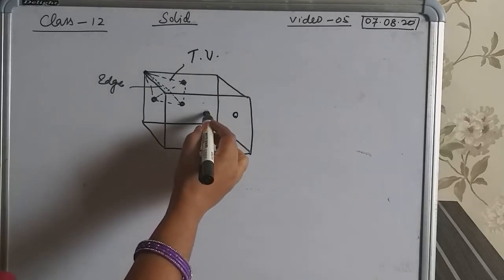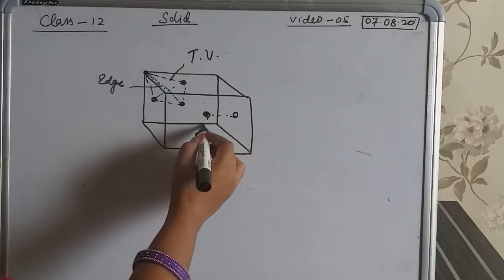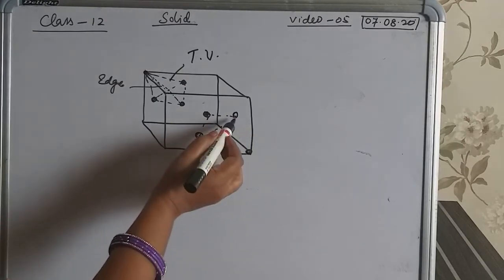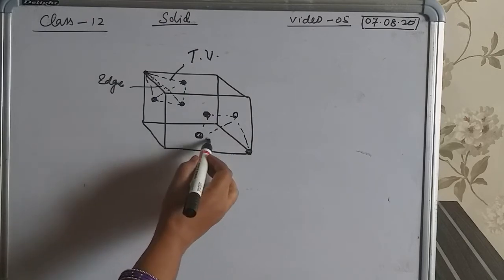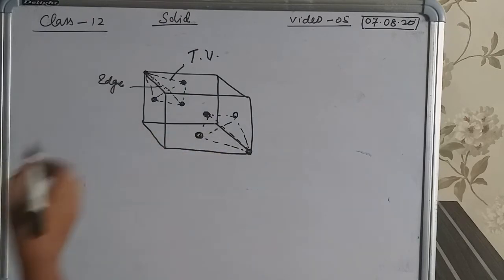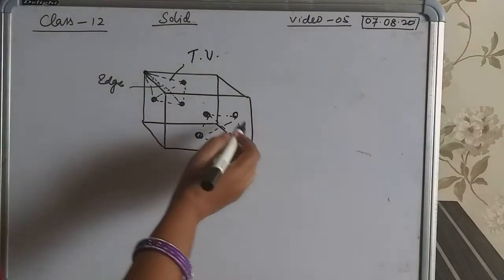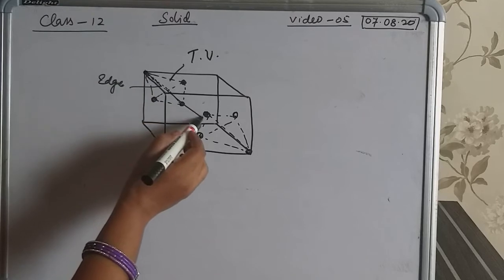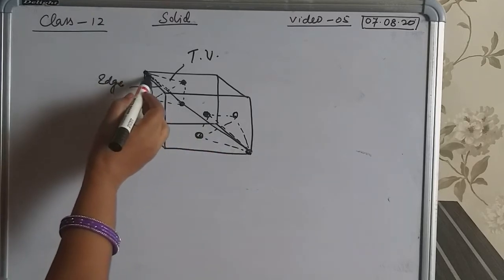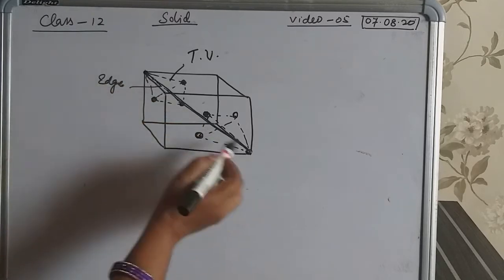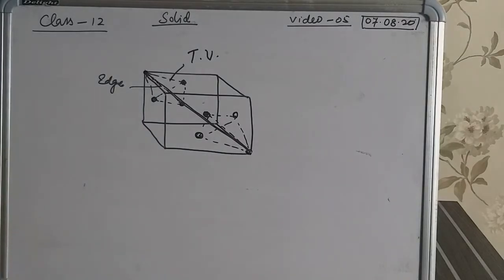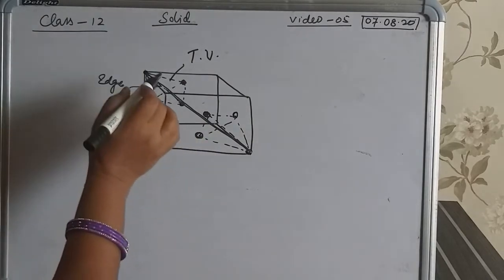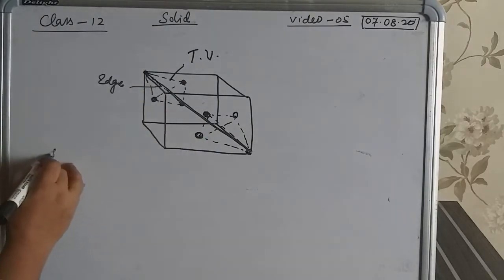Joining these with the atom present here, it forms a tetrahedral void. So students, tetrahedral voids are always formed at the body diagonal, and there are 2 tetrahedral voids formed at each body diagonal.